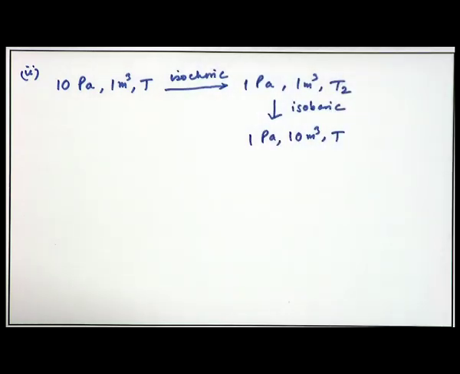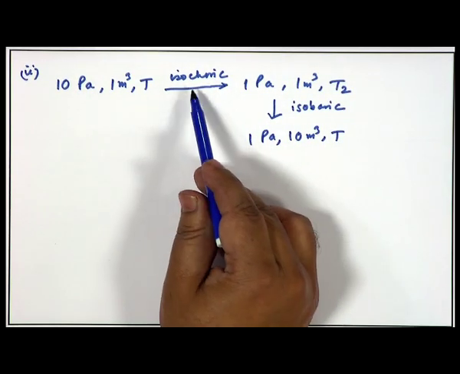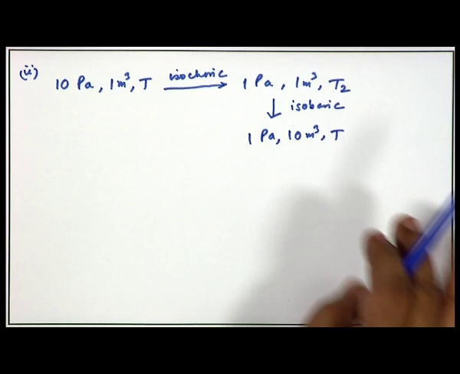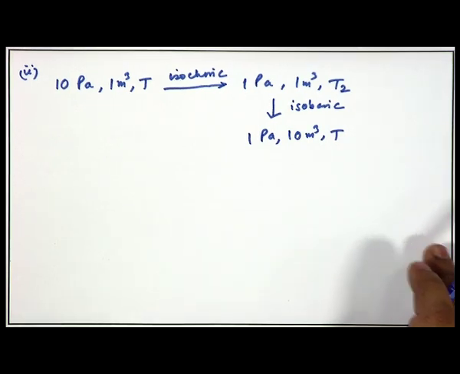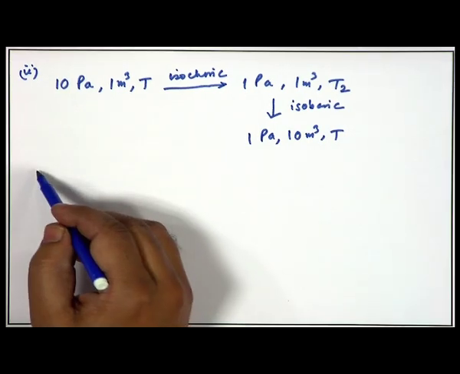In this case we are doing it in two steps, isochoric and isobaric. Then what will be the work done in this case?